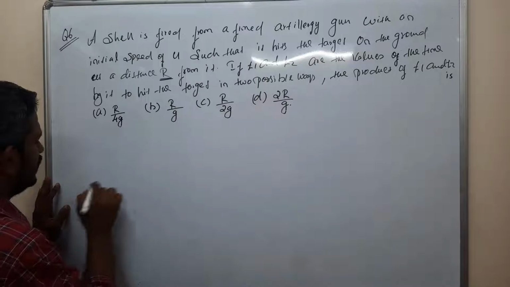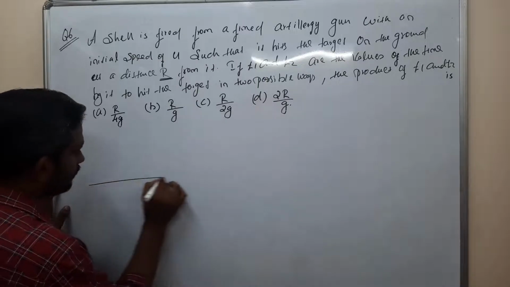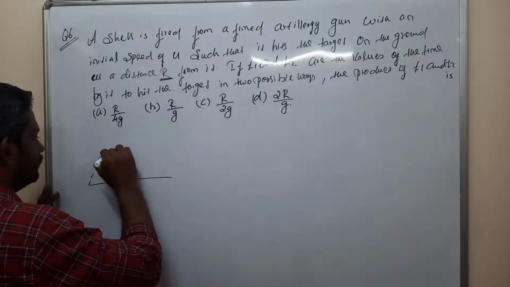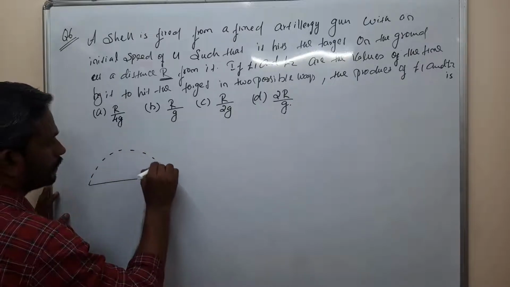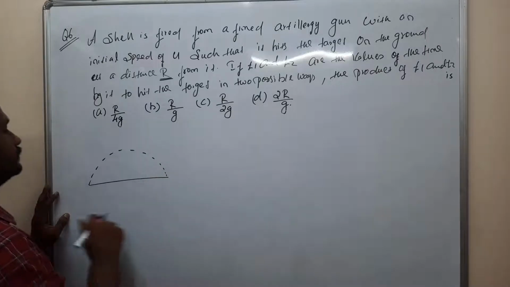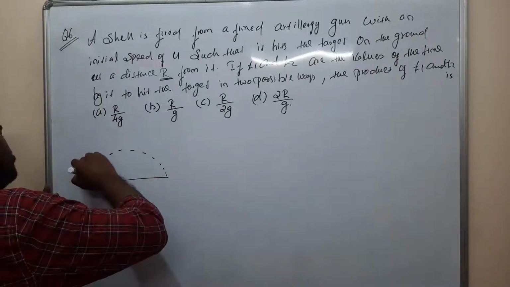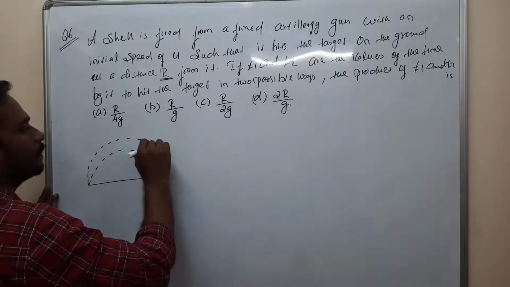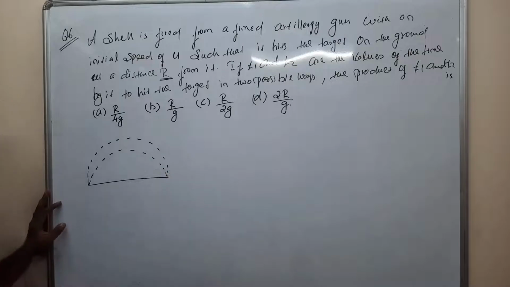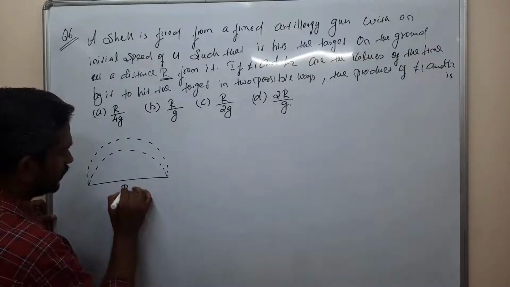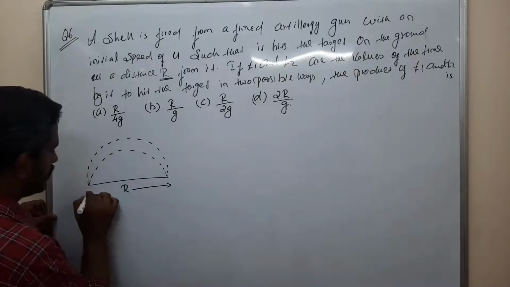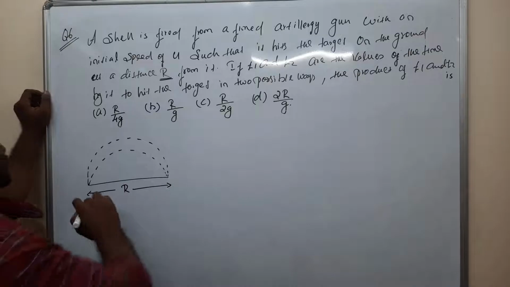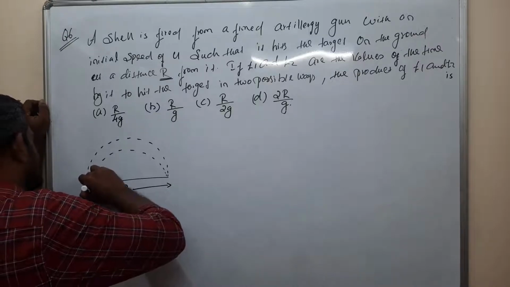So first let us visualize the situation. This is the horizontal range. In both the cases the range is same. It is fired with the same initial velocity in both the cases.